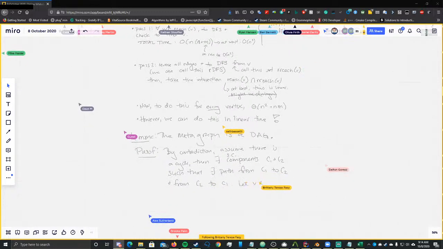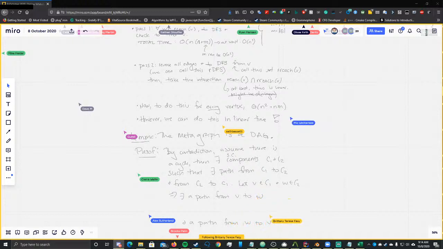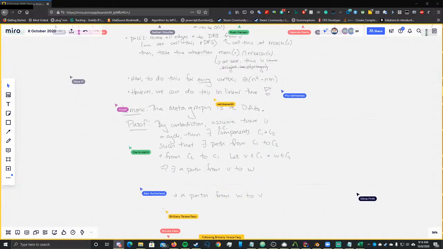Let V be in C1 and W in C2. That implies there exists a path from V to W and a path from W to V, which means V and W are in the same strongly connected component, which is a contradiction, right? Because we assumed that we started with our strongly connected components.